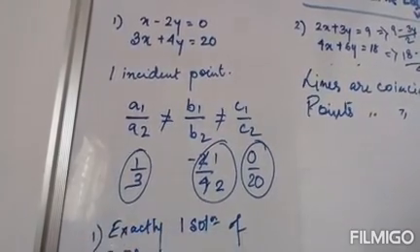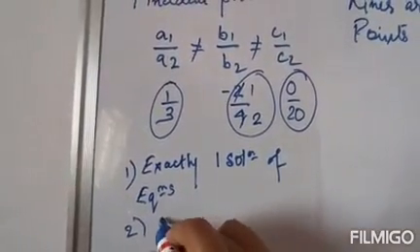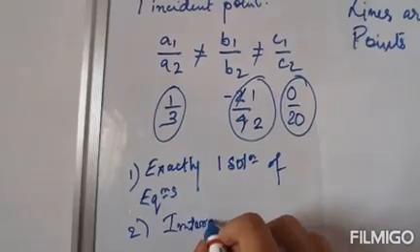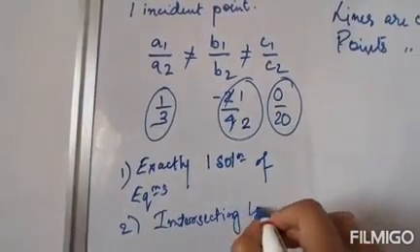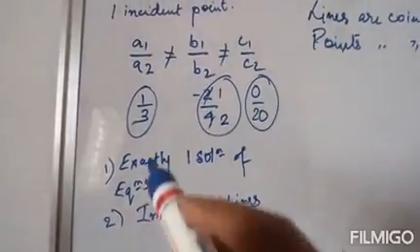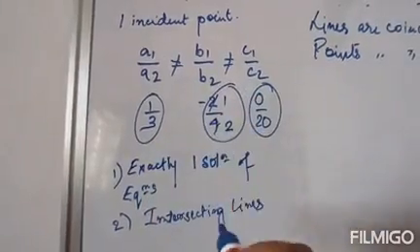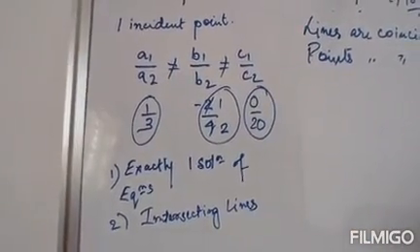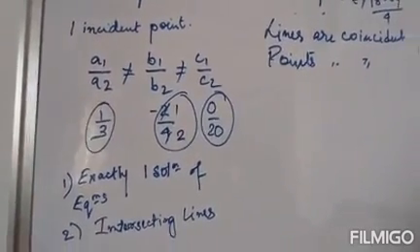Okay, and number 2 observation is they are intersecting lines. Okay, when there is no common thing between the ratios, that means there will be only one solution of the equations, and they will be intersecting lines.